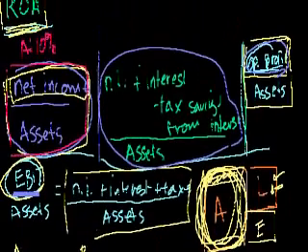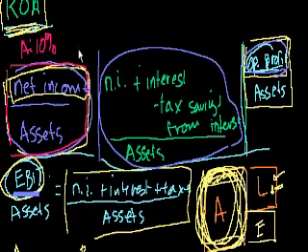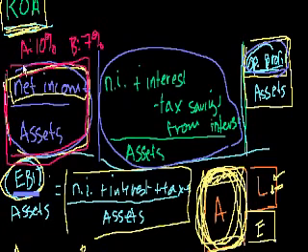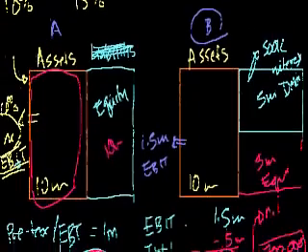So he is going to be making an ROA of what? 700,000 divided by 10 million is 7%. So if you just look superficially at these numbers as defined by this ratio, you'll say, oh, Company A has a better return on assets. He's better at managing his assets. And you know that that's completely false.